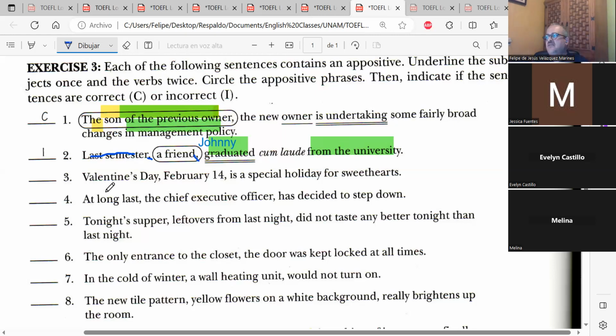Remember that there is a tendency in Spanish to begin sentences with complements, like last semester, and that is when they get lost. This is what I am going to tell you about in the second part of the class, when I teach you tips on how to deal with people who translate literally and cannot speak in English because they are always translating.